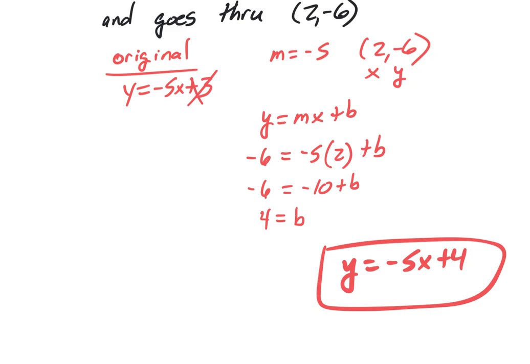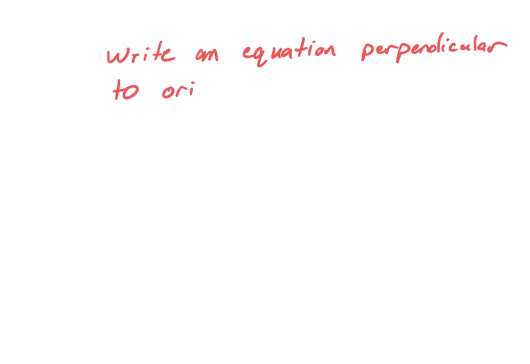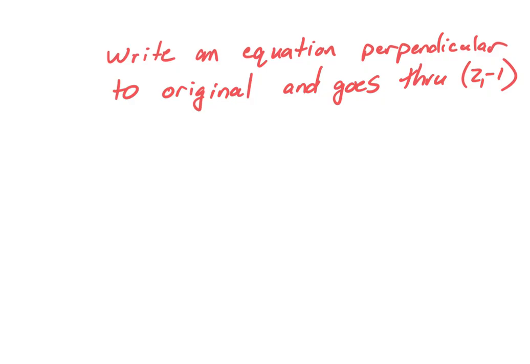Okay, so that is one type of equation. Another one, very, very similar instructions here. Write an equation perpendicular to the original and goes through the point 2, -1.